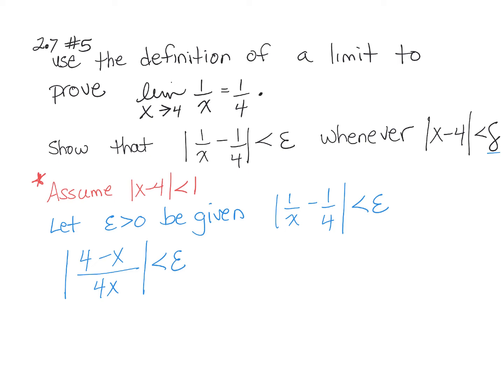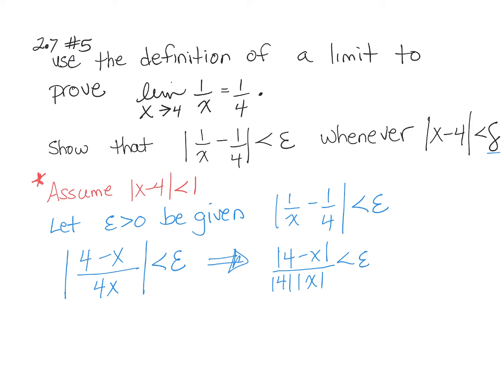I then want to take the absolute value of both the top and the bottom. So that's going to lead me to the absolute value of 4 minus x, and I'm going to write this one as the absolute value of 4 and the absolute value of x, because we know the absolute value of 4 is positive, so we'll be able to pull that out.